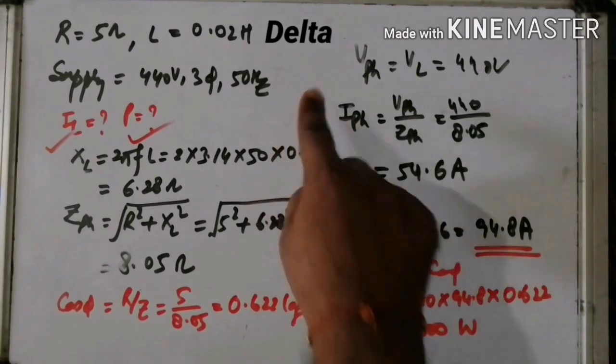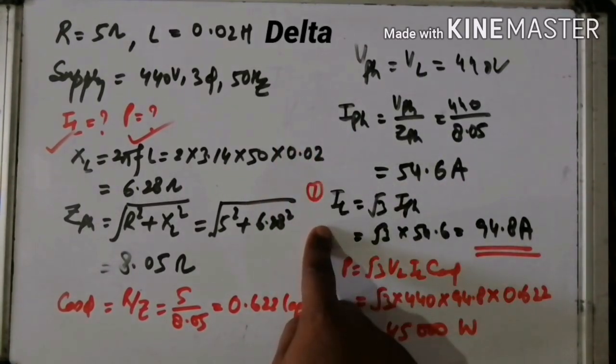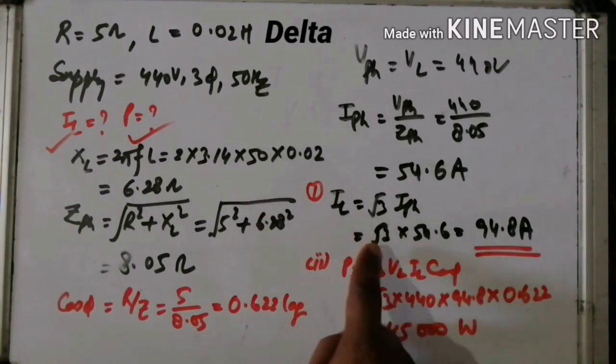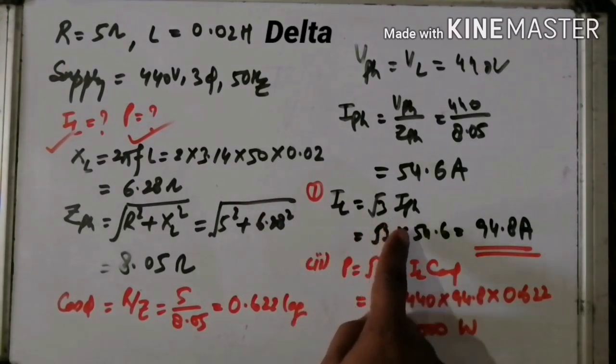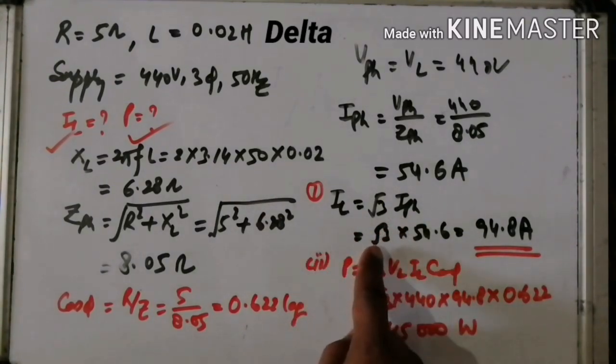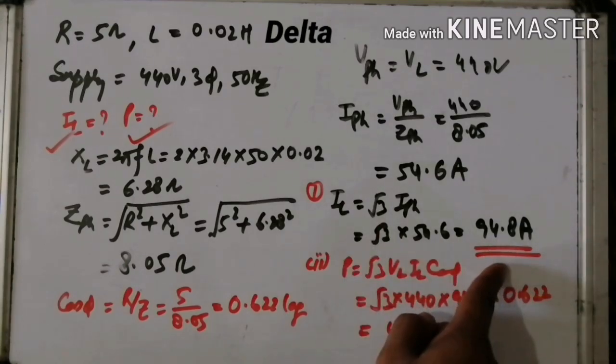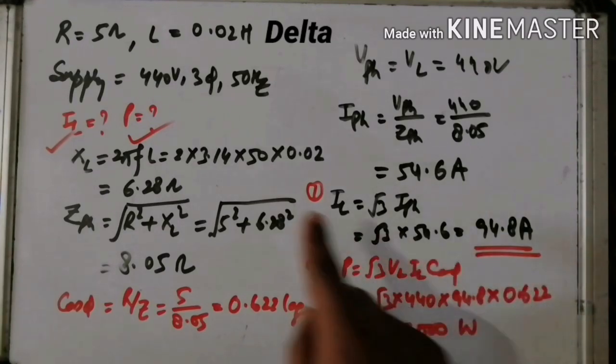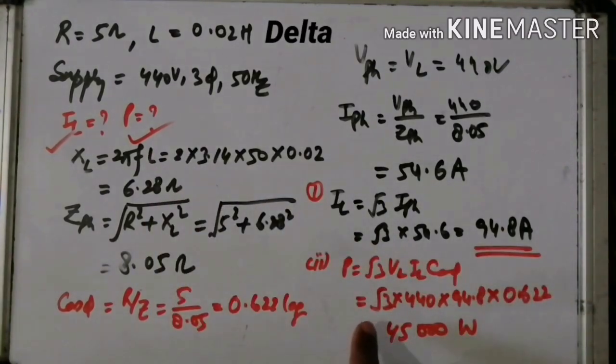In the case of delta, line current is under root 3 times of the phase current, IL is equal to under root 3 times of IPH, that is 54.6 into root 3, it is 94.8. Line current is 94.8 ampere. Second part is the power consumption. Power consumption is under root 3 VL IL cos phi. It is 45,000 watt.